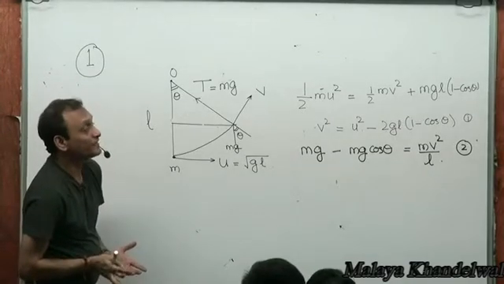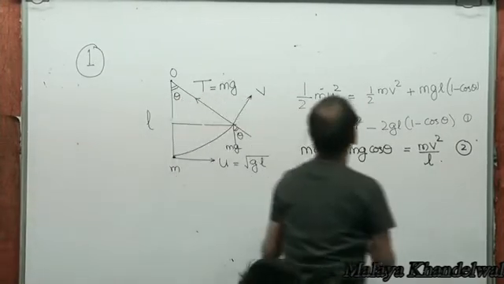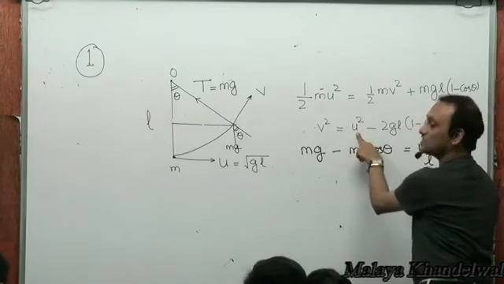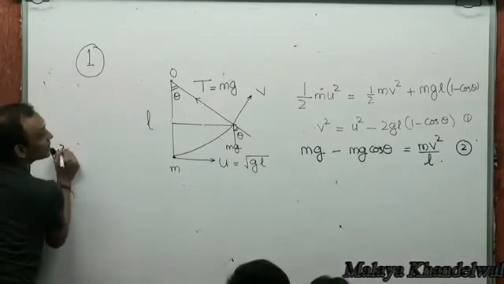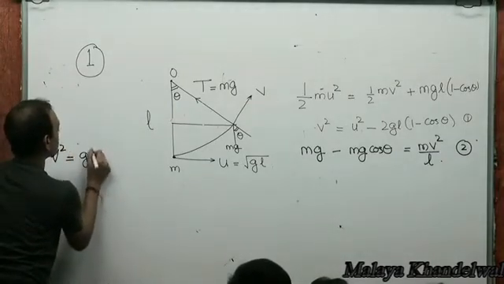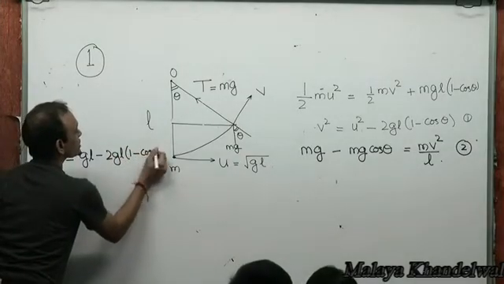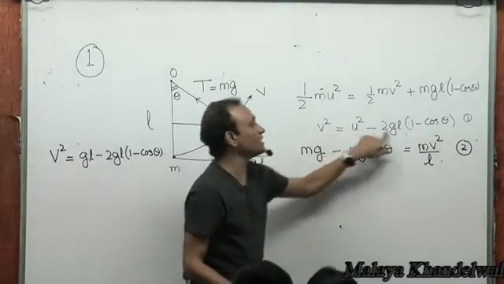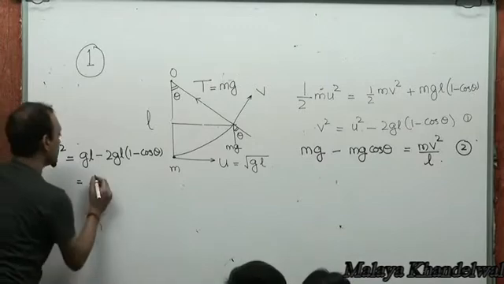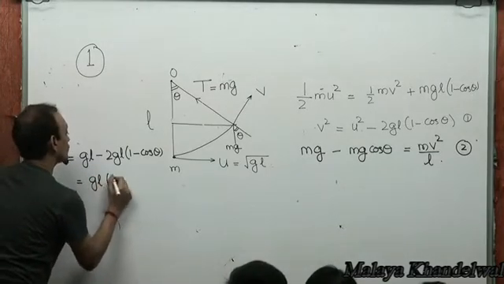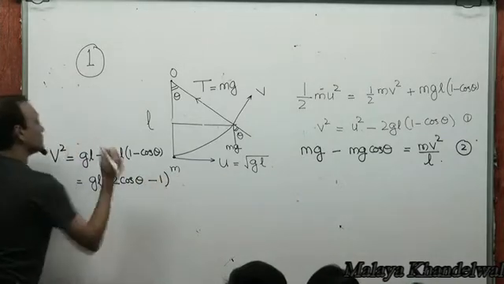We need to solve for V and theta, there are two unknowns. Very clearly, u squared is GL, so V squared can be written as GL minus 2GL into 1 minus cos theta from this equation, which is essentially GL into 2 cos theta minus 1.